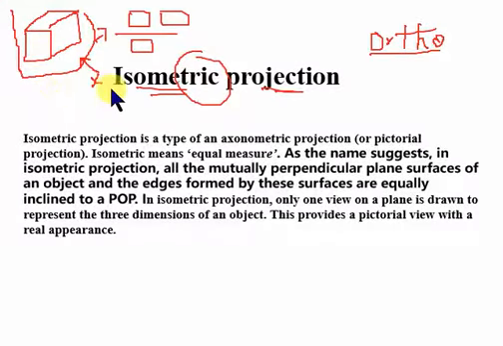Now look here. When the object is being rotated with its base edges inclined equally to both planes, like this, the object you can see is the isometric view.